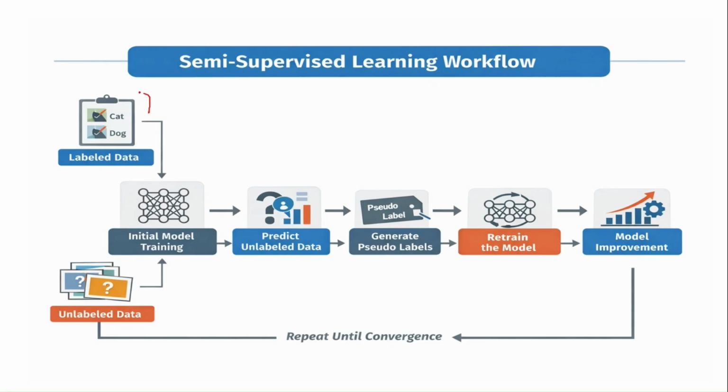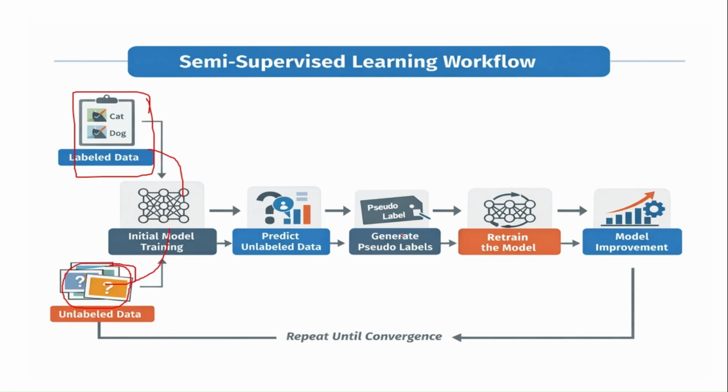We have labeled data, like cat and dog. We label that data, and then we have data we don't know about, which we call unlabeled data. Here we combine these two for the initial model training. Then we predict the unlabeled data.